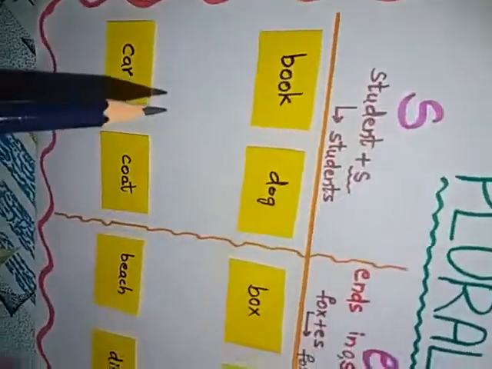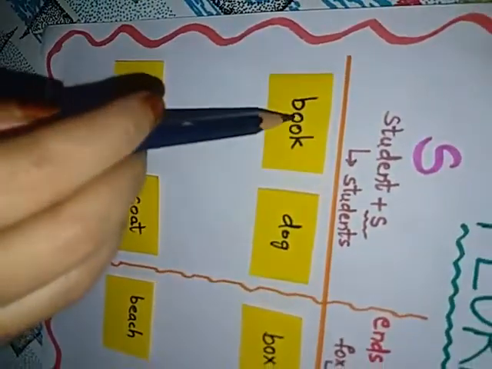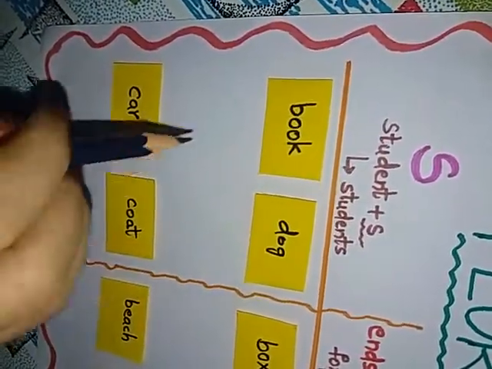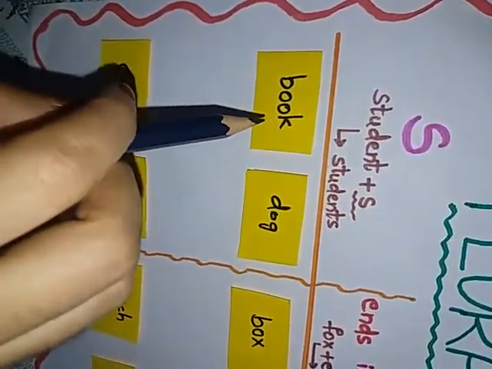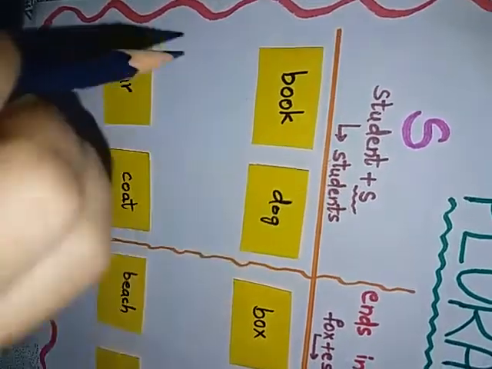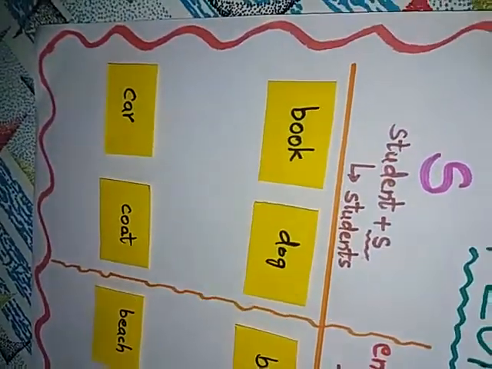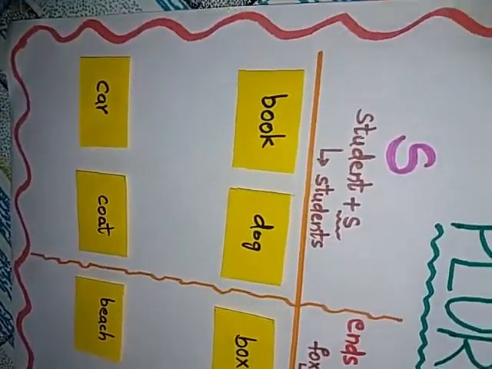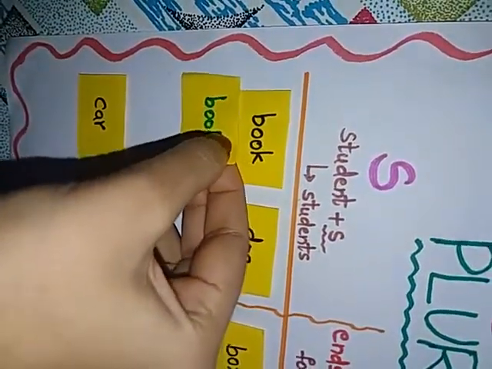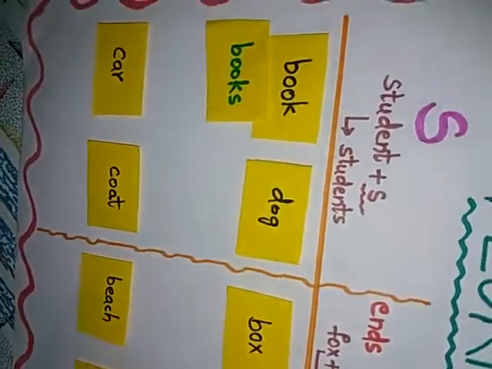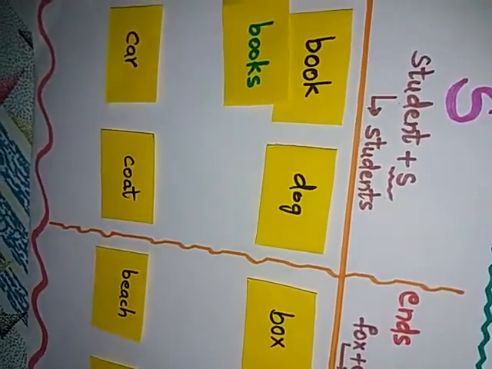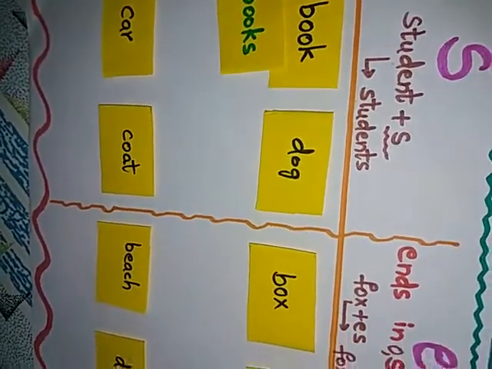Now you have to tell me the plural form of these nouns. Here book. What will be the plural form of the book if we add s? Yes, very good. The answer is books. So you have to paste it here. It will become books. Now what comes? Next one, dog.